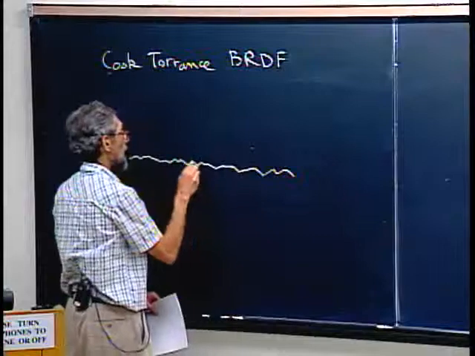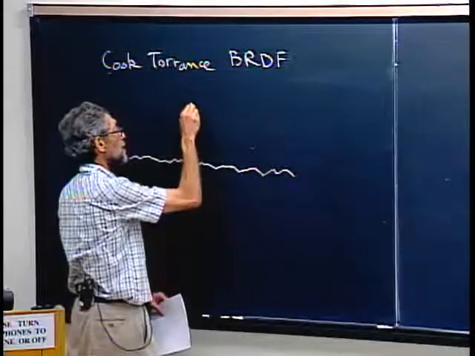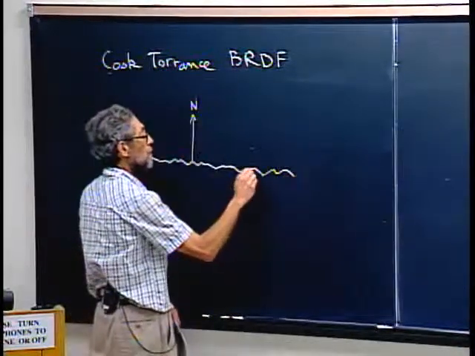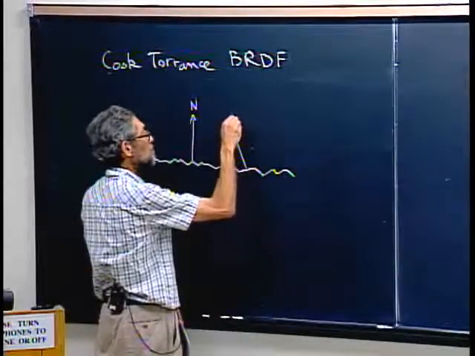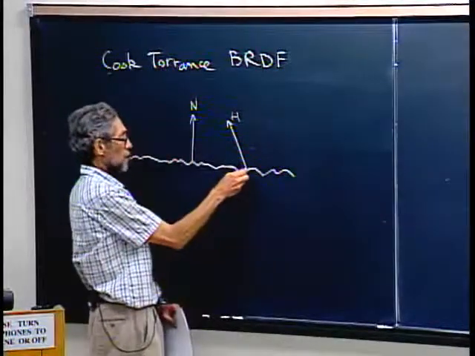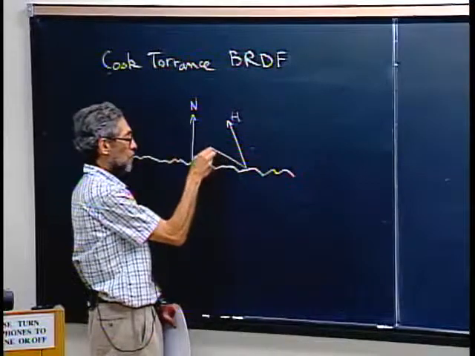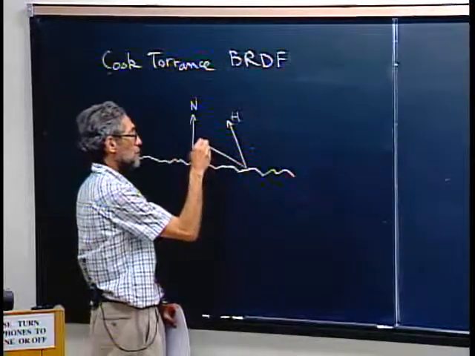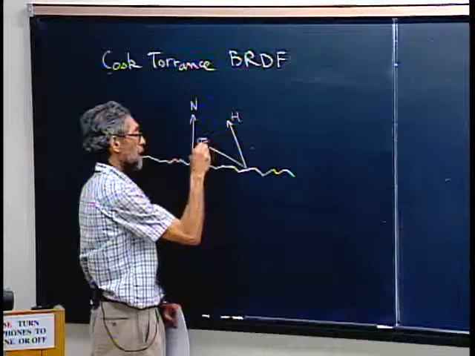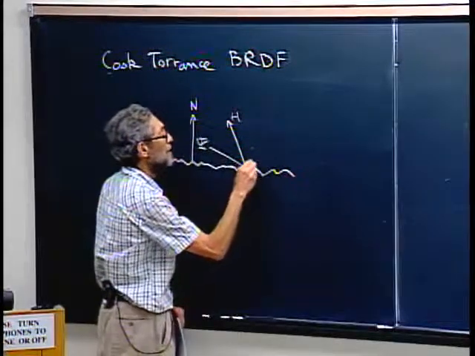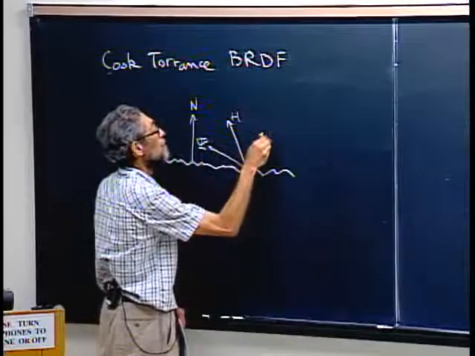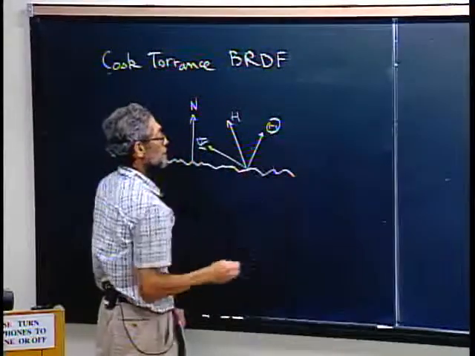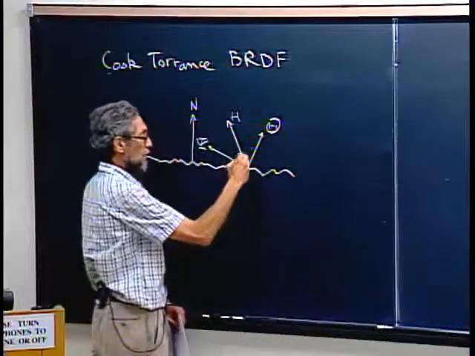So the average surface normal is n, but a facet normal catches the light from input direction, say psi, and reflects it exactly into viewing direction, say theta, to make these two angles equal.